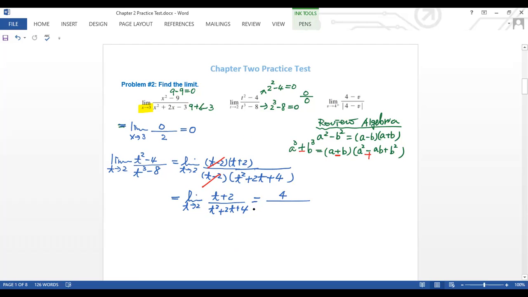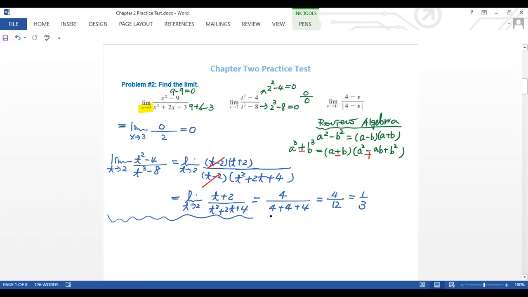Now here, t squared is 4, plus 2 times 2 is 4, plus 4, so it's 4 over 12. What is 4 over 12? This is 1/3.